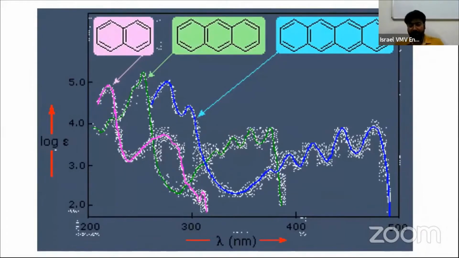You find many bands here. They are actually not many bands. One band split into sub bands in the pi to pi star transition. Even though it is a pi to pi star transition, that is shifted to a very long wavelength, close to 500 nanometer, and that shows a difference in the color of the molecule also. And the probability of excitation is more in the case of the benzanthracene molecule.